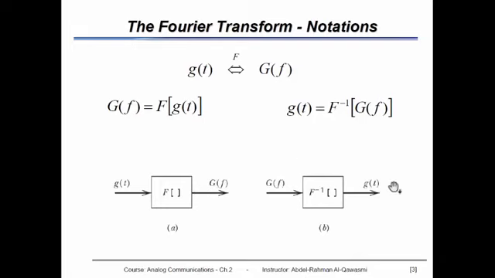And this is in the opposite way: the inverse Fourier transform of g of f to get g of t. So this one is from time domain to frequency domain, or from frequency domain to time domain, and the others all have the same meaning, and we can make a transformation from time domain to frequency domain and in the other direction.